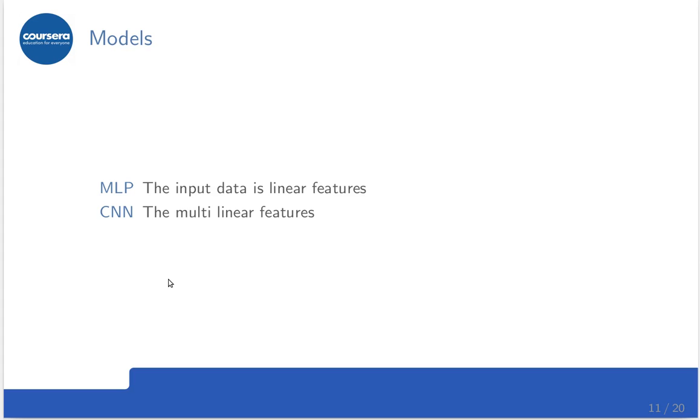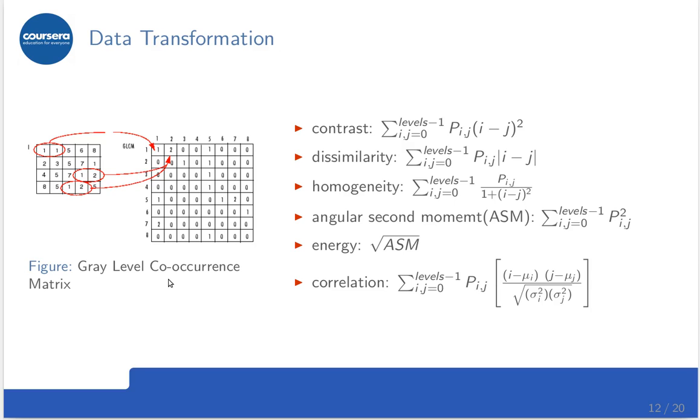Regarding particular characteristics of these two algorithms, in the MLP, or multilayer perceptron, the input data is linear features, but in the CNN, the convolutional network, multidimensional features. For data transformation, you need to transform the images to use in the MLP, because it uses texture features.